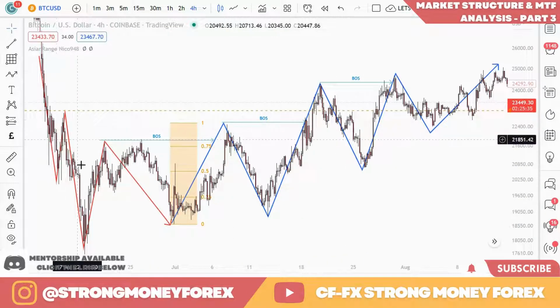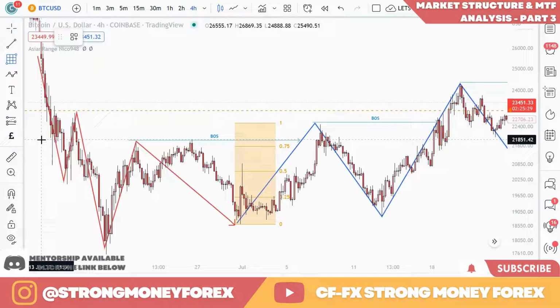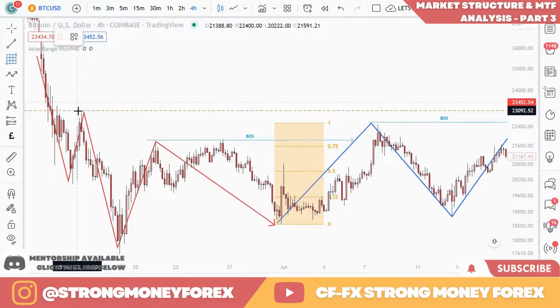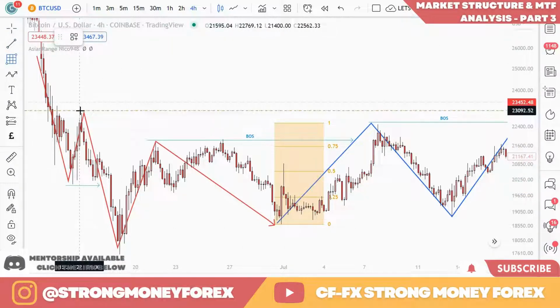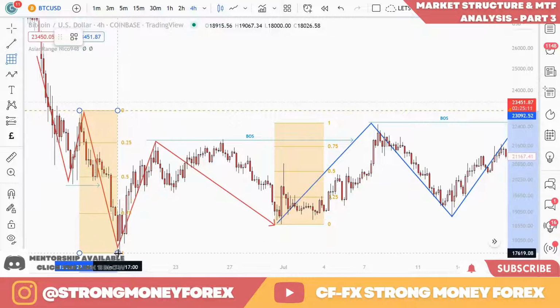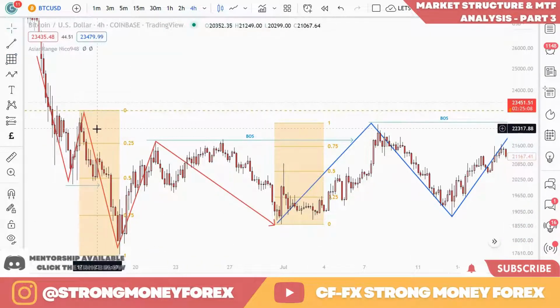Now, if we were selling the marketplace, and you can see this one here, let me just expand this for you guys, okay? So on this downtrend here, when we have a breaker structure, which is what we've had, okay, so this is a breaker structure to the downside because we're still in a downtrend. What we do is we draw the range finder from the last high to the new low, okay? This then tells us where premium is.